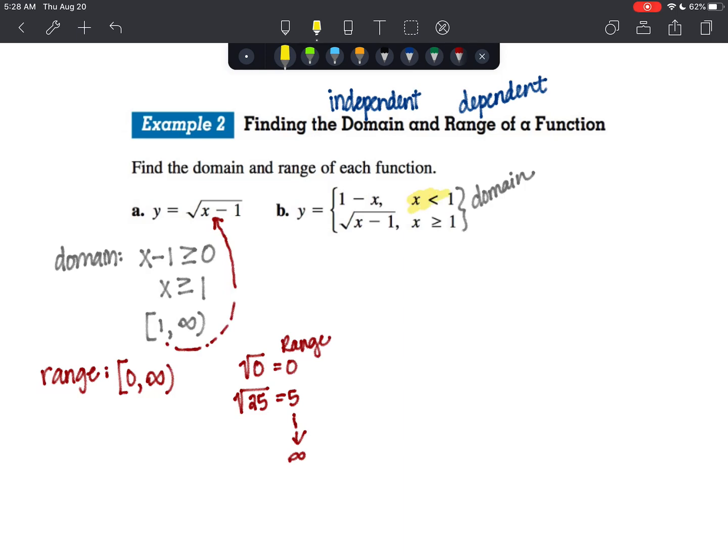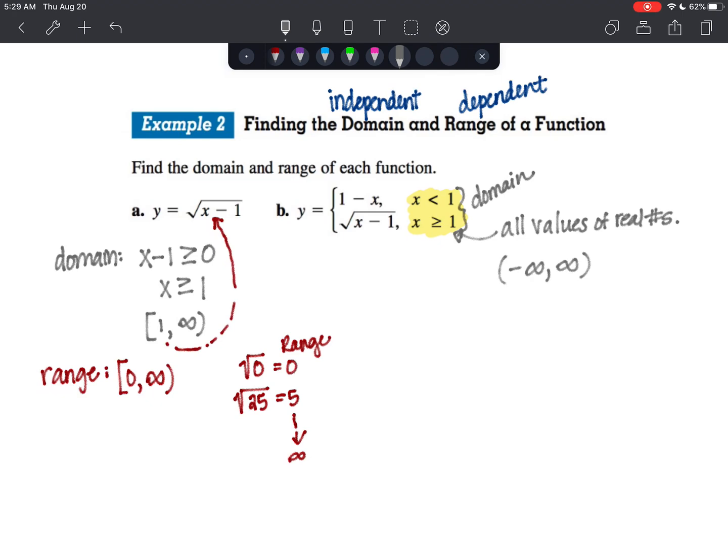So this domain right here shows that we're going from negative infinity to 1, and then 1 included to infinity, which means we're really going from negative infinity to positive infinity. So these are all values of real numbers. So our domain is negative infinity to positive infinity.